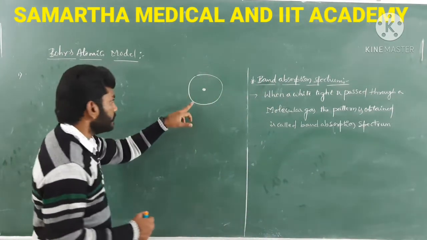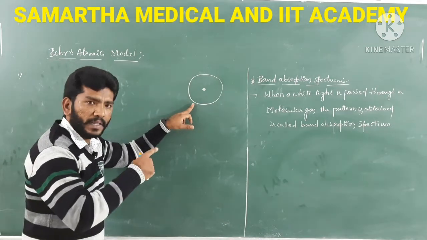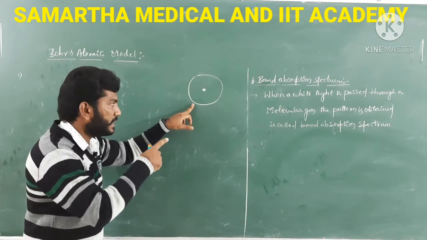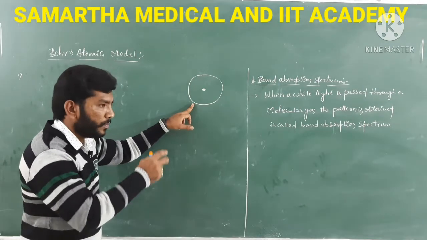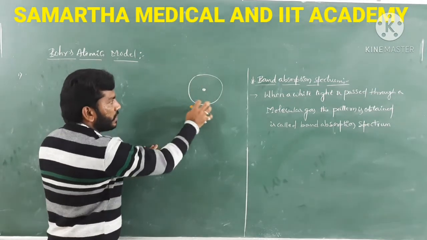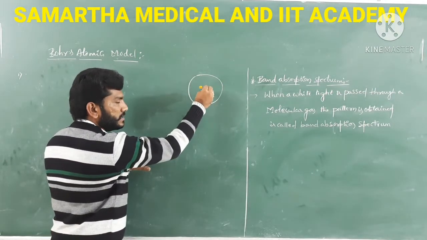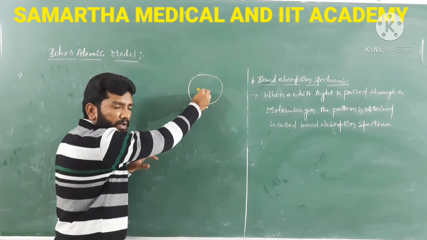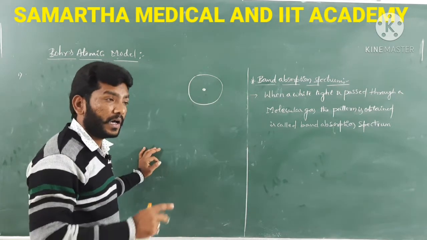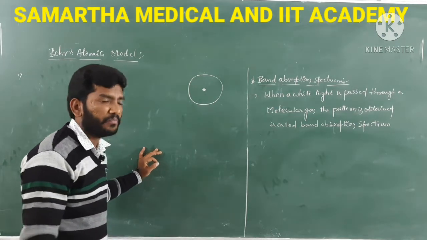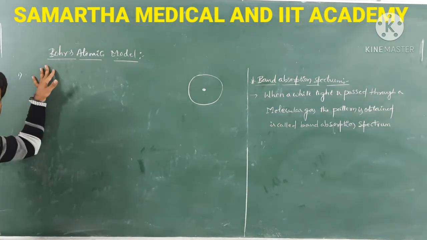So we have an atom. At the center what will be there? Nucleus. At the center the nucleus has to be there, and most of the mass of the atom is concentrated at the center only. This is the very first assumption, the very first postulate, given by Bohr.